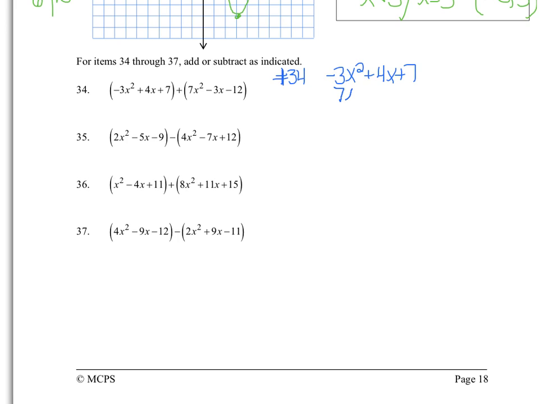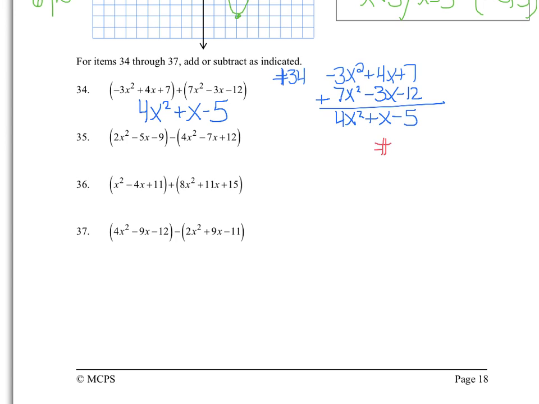So we have 7x squared minus 3x minus 12. I'm going to be adding these together. So -3 plus 7 is 4. Keep my x squared. 4x minus 3x is 1x. And 7 minus 12 is -5. So this is going to be 4x squared plus x minus 5.